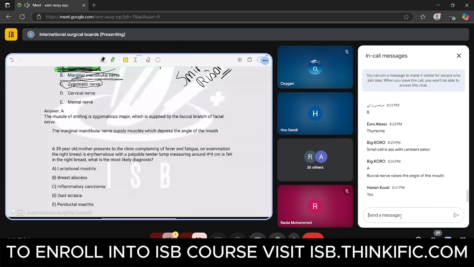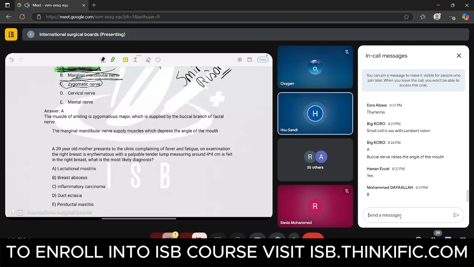Okay. The most common is lactational mastitis, but if she has the fever, maybe breast abscess, option B. Yes, she has a fever. That's one thing.